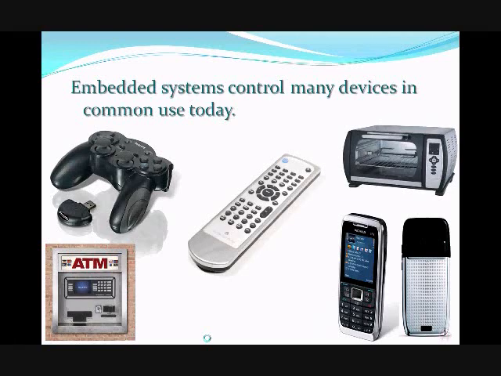These include mobile phones, electronic games, consumer electronics, and simple electronic devices like ATM machines. So as you can realize now, there is a very close relationship between real-time systems and embedded systems, and they are often considered to be the same thing.